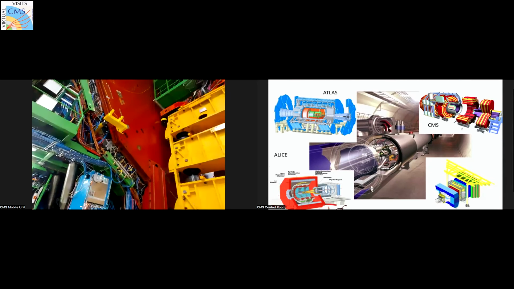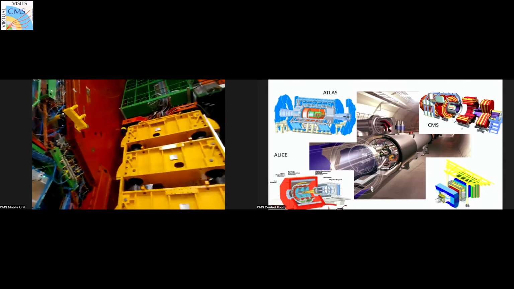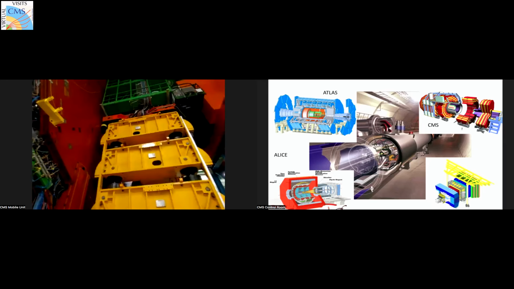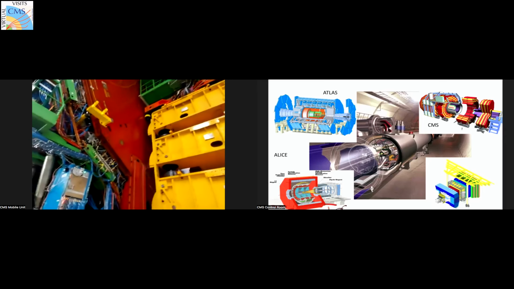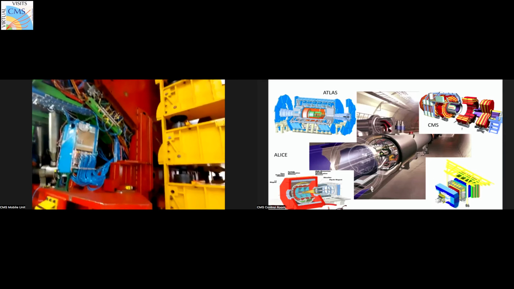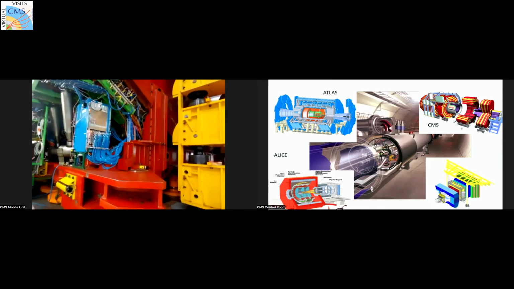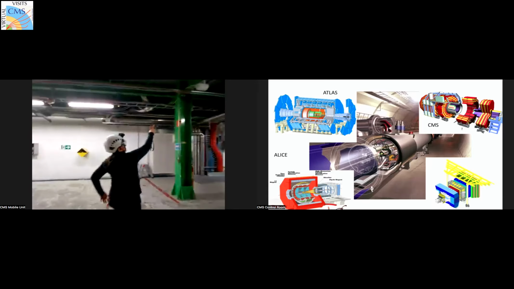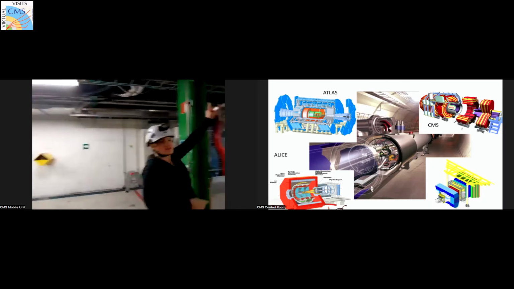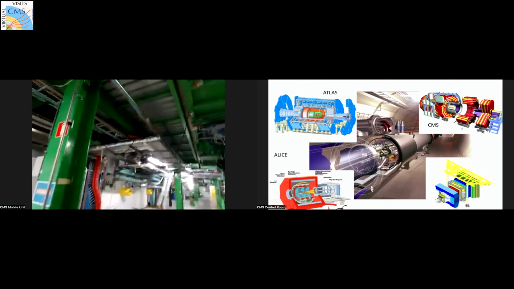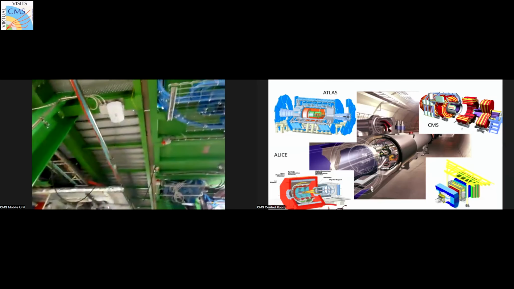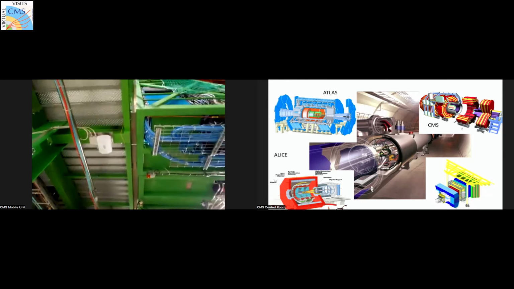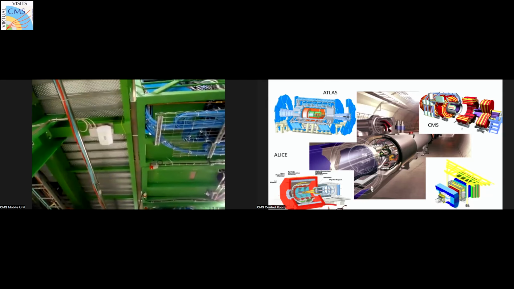As you can imagine, it is extremely heavy and extremely big. And the shaft was just a few centimeters larger than one single wheel. So every wheel was lowered down, and it took hours and hours. I think about 12 hours. Oh, okay, 8 hours. That's the gap that you see on the right.